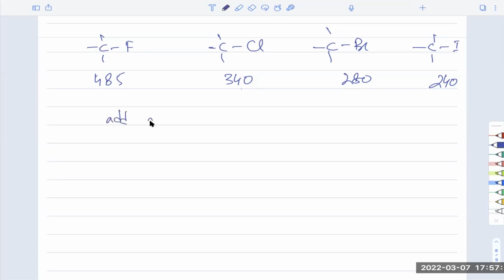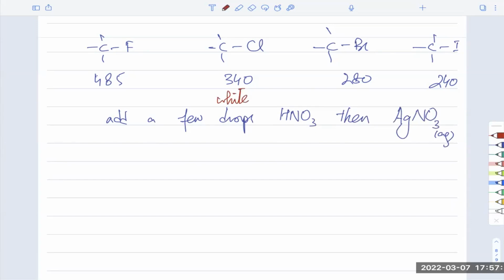Add a few drops of nitric acid, then silver nitrate. What will it do? White precipitate, off-white precipitate, which we also call cream, and yellow precipitate. Why? Because silver ion reacts with chloride, bromide, iodide ions to produce these precipitates, insoluble salts.